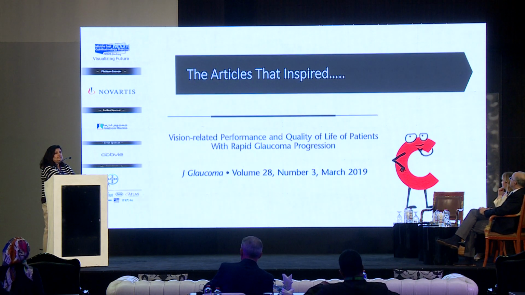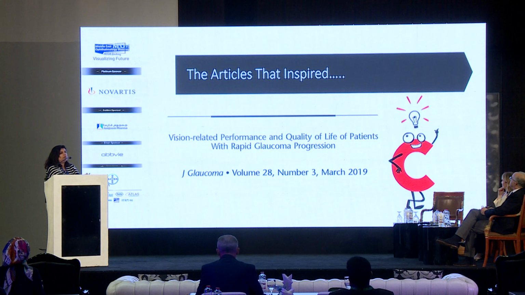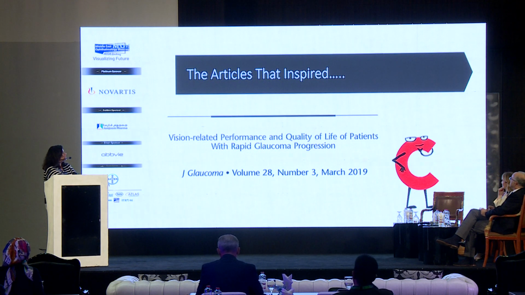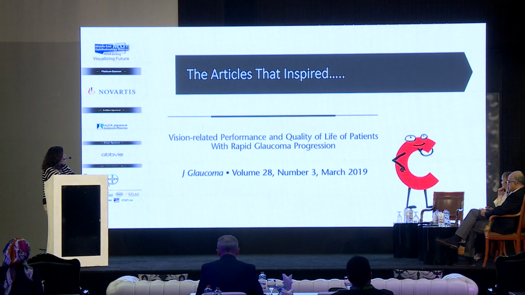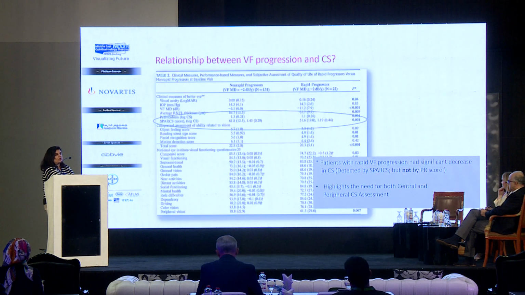The paper that inspired me to look at contrast in patients with severe glaucoma talked about vision-related performance and quality of life in patients who had rapid glaucoma progression, where rapid progression was defined as more than 1 decibel loss per year.